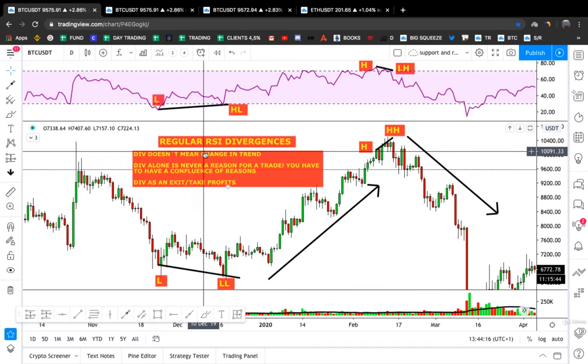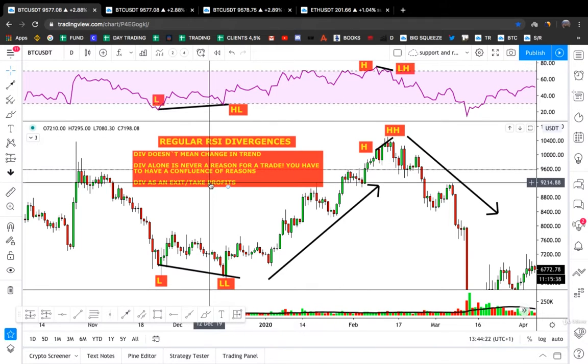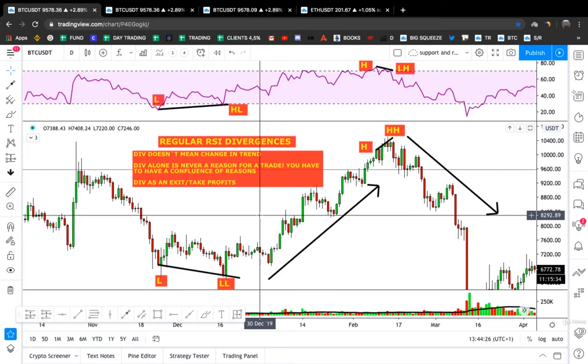Divergence doesn't mean change in trend, because it really doesn't mean that, and we will dive into that in a little bit. But let me first show you these three key takeaways that you are going to have from this video. The first one, just like I said, divergence doesn't mean change in trend, because there are so many people who are trading that way.